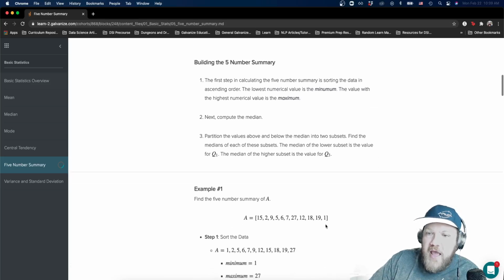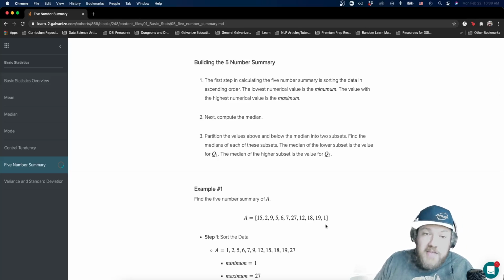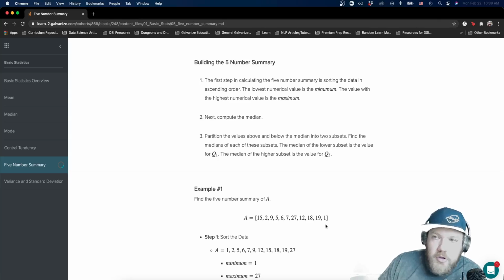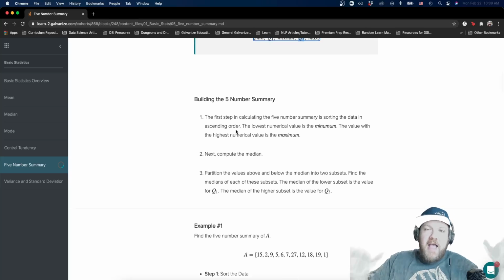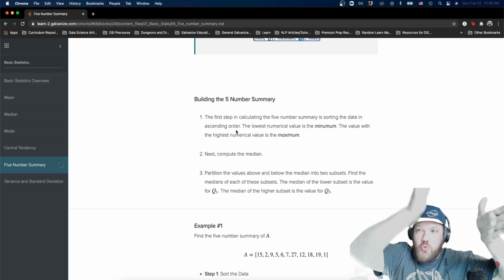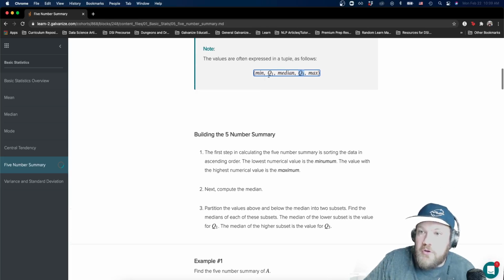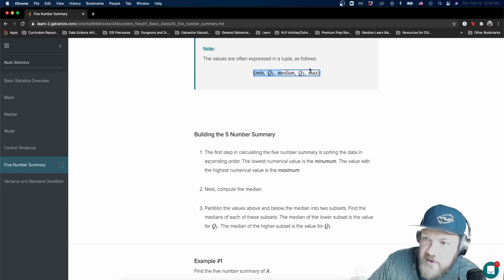So if you can actually imagine it, and in the next video, when we talk about actually calculating the 5-number summary, we do an example. We'll maybe look at a little diagram, right? What this does is it breaks up the distribution into 4 little sections, right? You have the section from the minimum to Q1, from Q1 to the median, from the median to Q3, and then the section from Q3 to the max, right?